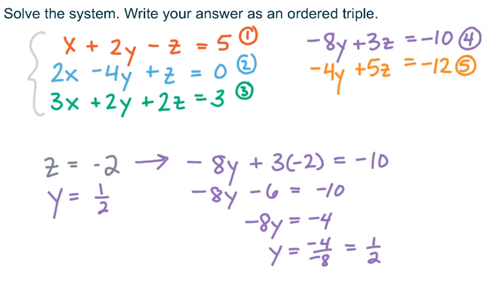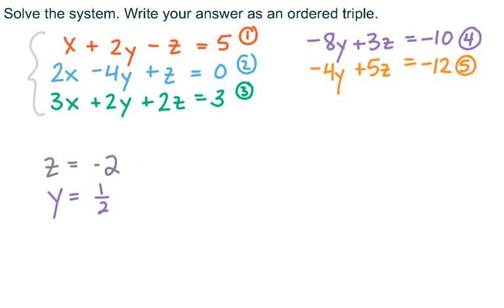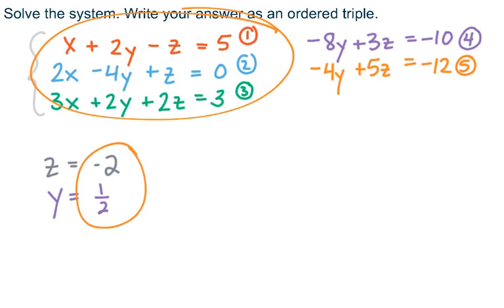All we have left to determine for our solution is what my x variable is going to be equal to at that point of intersection. I can choose any of these three original equations to plug my y and z value in to find x. One thing I notice is I have a fraction, so I just want to make sure whichever equation I'm choosing to plug y in, that the coefficient is a multiple of 2, so that fraction goes away nicely.